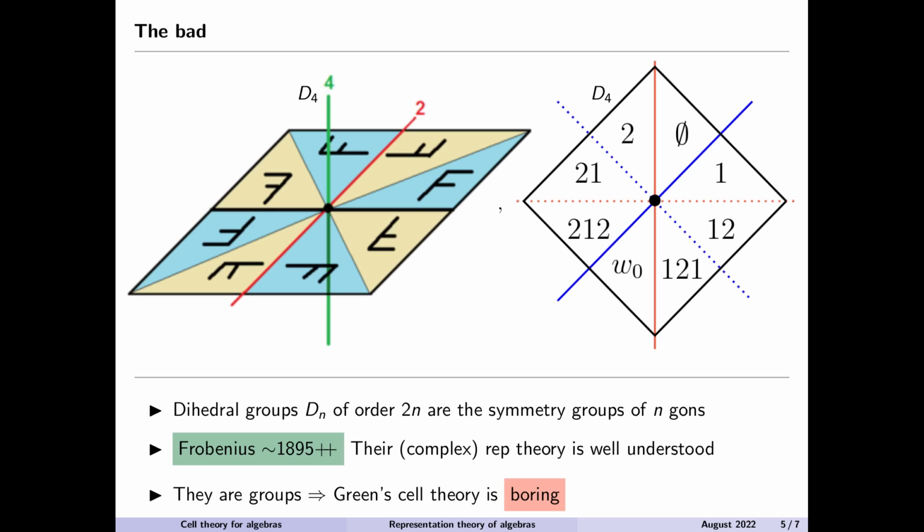Reflection squared is the identity. And then you have this funny, very long braid relation: n symbols alternating 1, 2, 1, 2 is the same as 2, 1, 2, 1, n symbols alternating. And you could try to visualize that if you want.